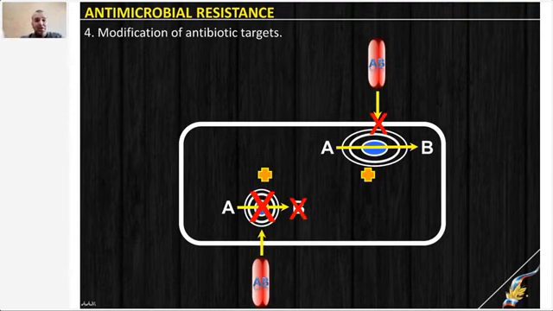It's kind of a key in a door. If the door lock is fine, the key will open it. But if you modify something, cut something or put something inside, the key will not match and you cannot open the door. Similarly here, if the three-dimensional or chemical structure or polarity of a target is changed, the antibiotic will not recognize that structure.